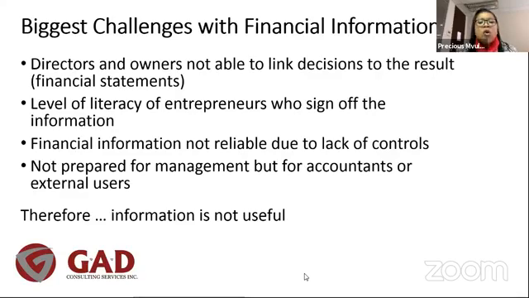Therefore, information ends up not being useful. Now, your role as an advisor is to keep in mind that if these are the challenges, your advice might be based on incorrect information.